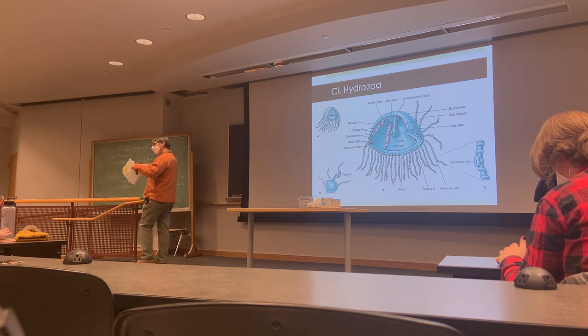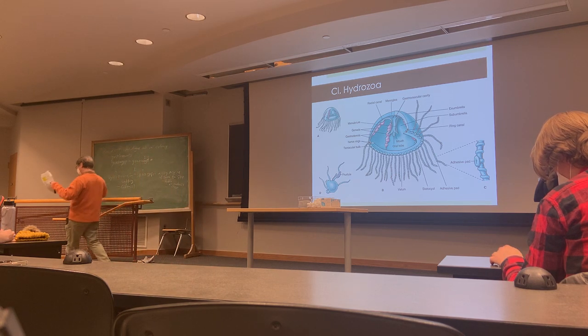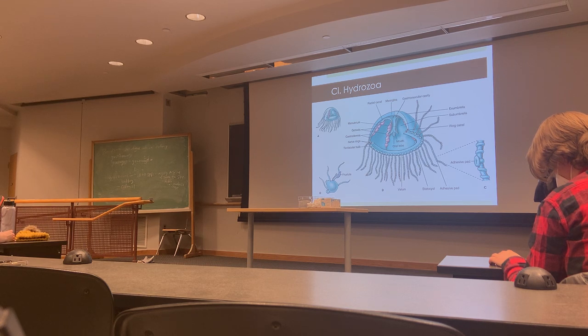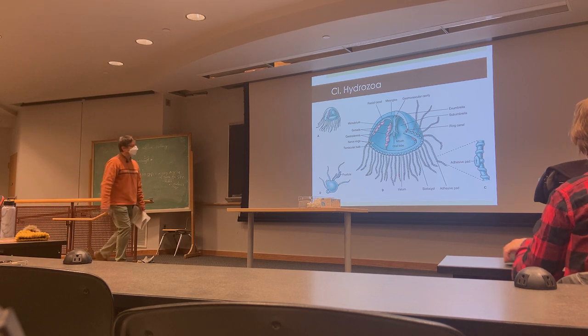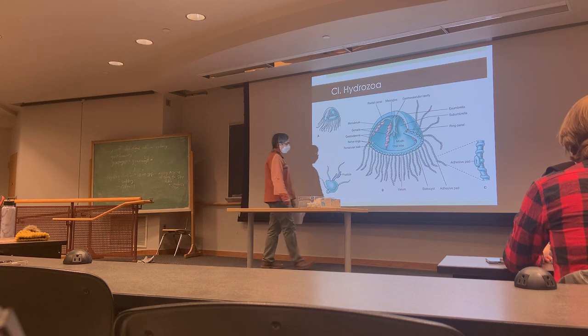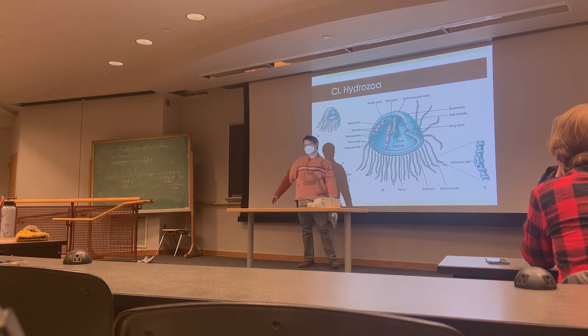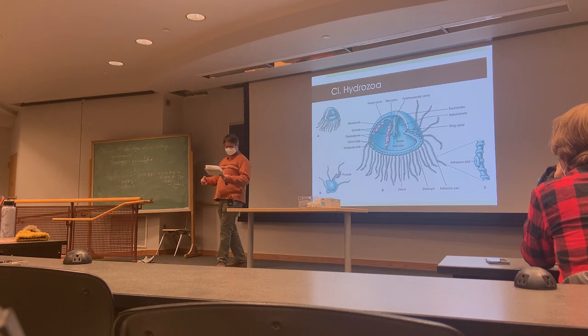It changes that surface area, and so when muscles contract in the bell, it provides more jet propulsion than if it didn't have that shelf. This velum is unique to hydrozoan medusae.